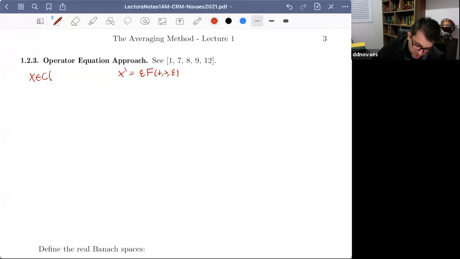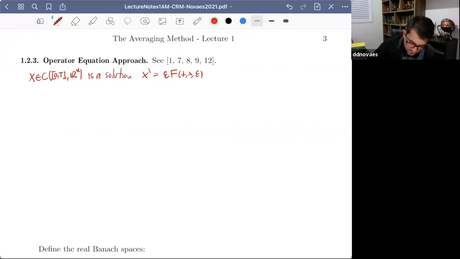Let x be a continuous function from 0 to T into R^n. It is a solution of this differential equation if and only if it satisfies the following integral equation: x(t) equals x(0) plus the integral from 0 to t of epsilon f(s, x(s), epsilon) ds.